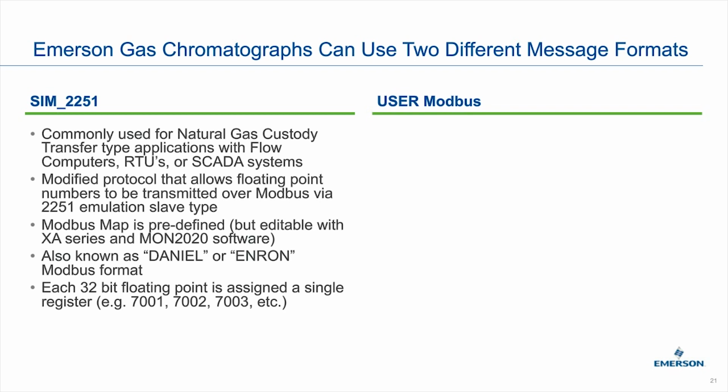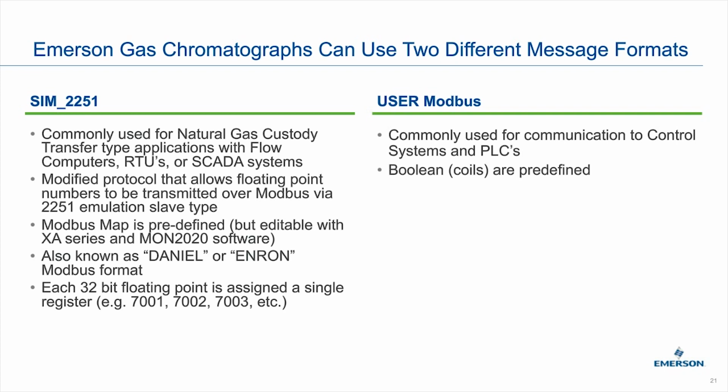And that's significantly different to what we call user Modbus. And user Modbus is what we commonly use for DCS systems, PLC systems. Most control systems use what we call user Modbus or a Modicon Gould format. The coils are predefined.